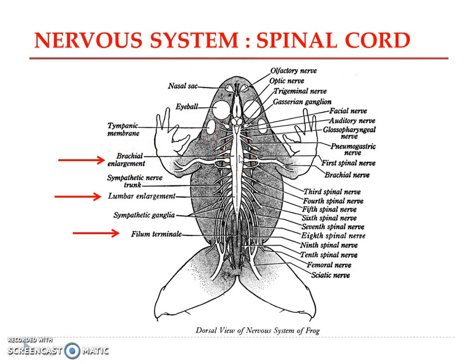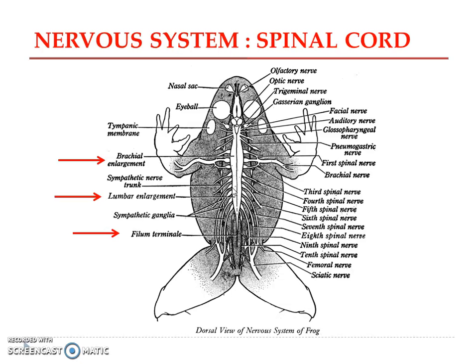The other enlargement, just anterior to the filum terminale over here, is known as the lumbar enlargement. It is also known as the sciatic enlargement, and it is a slight swelling along the otherwise cylindrical spinal cord.